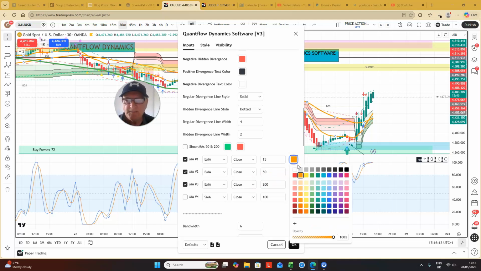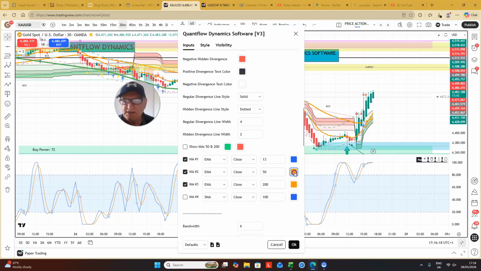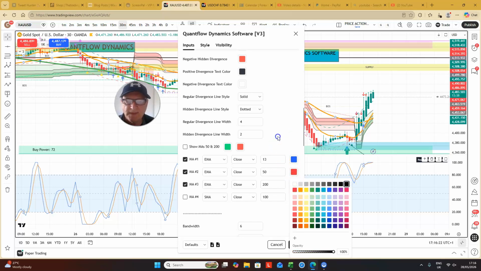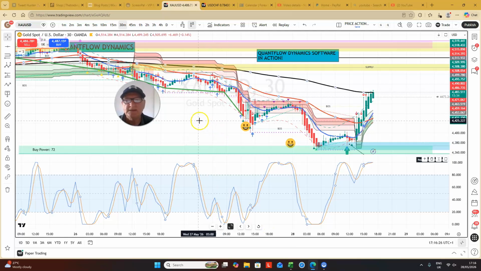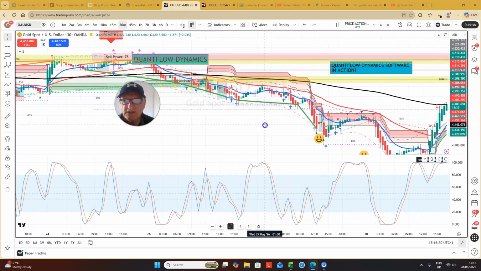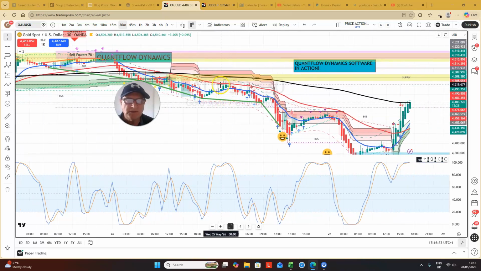However, it just gives you a different perspective, I guess. So I want to change that to blue, change that to red, change that to black, let's say. And let's see how that looks. So there we are. The way you use this is rather like the golden zone. The red line is the 50 EMA now.